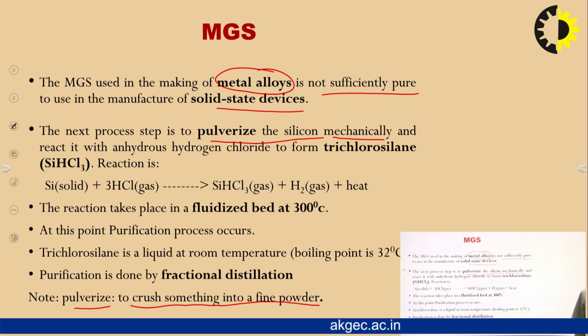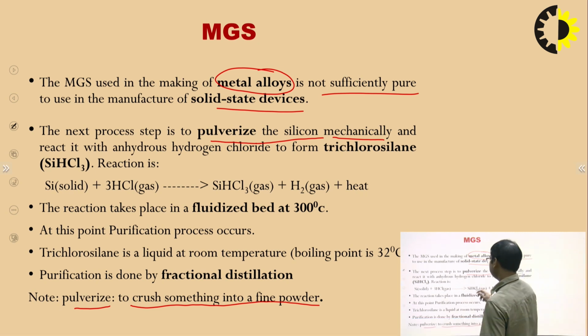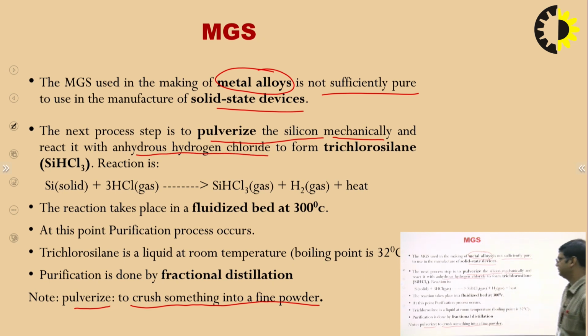So the first step is to pulverize, because in the first step we have solidified the liquid silicon and now we have to pulverize the silicon into fine powder form, and then it is reacted with anhydrous hydrogen chloride to form the trichlorosilane.